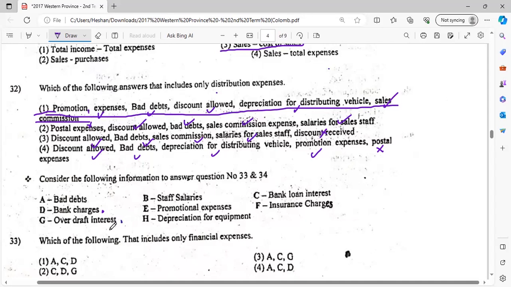Overdraft interest, yes. Staff salaries, no. Promotion, no. Depreciation for equipment, no. Bank loan interest, yes. C, D, and G is the answer. Financial expenses.